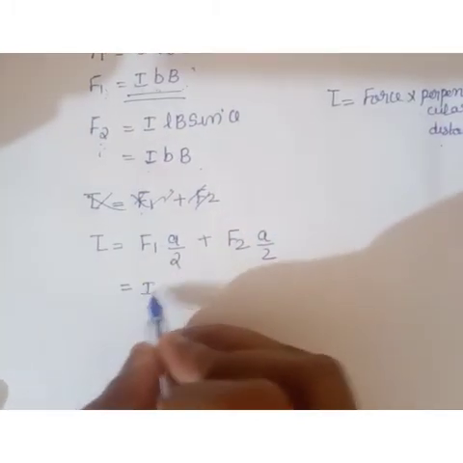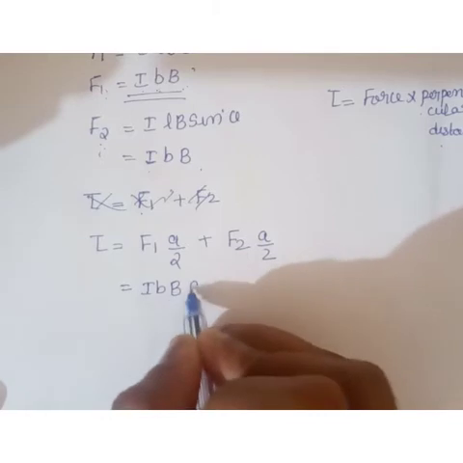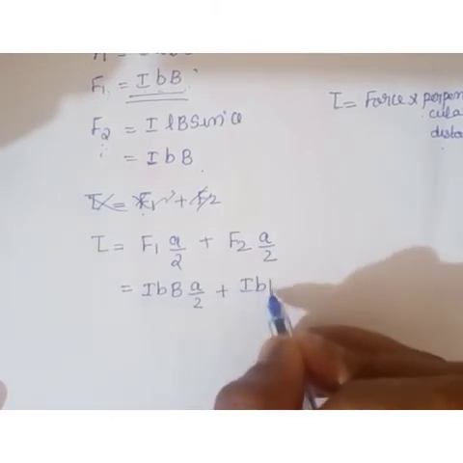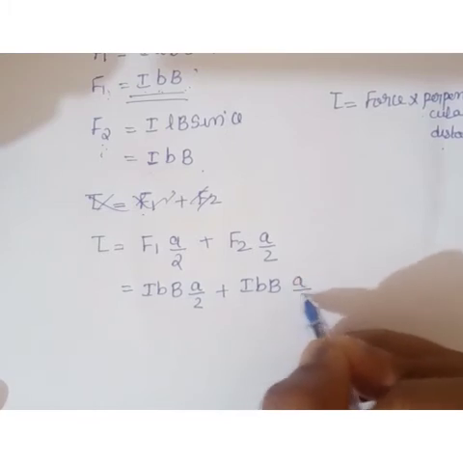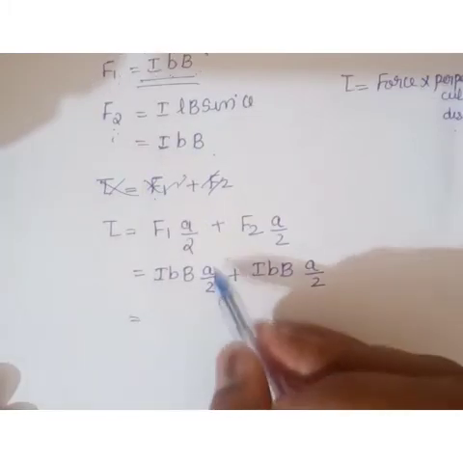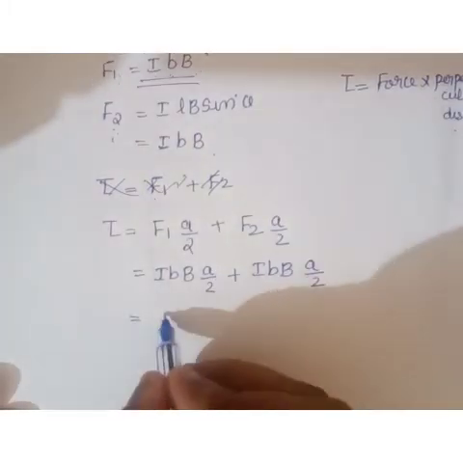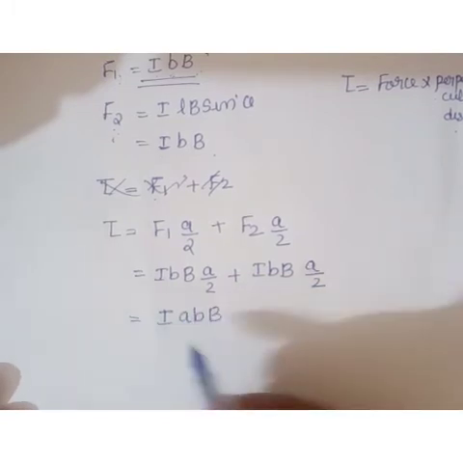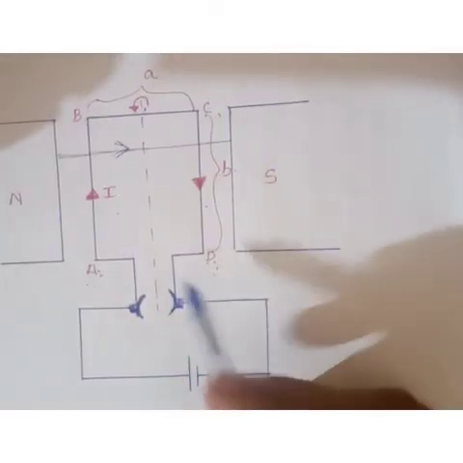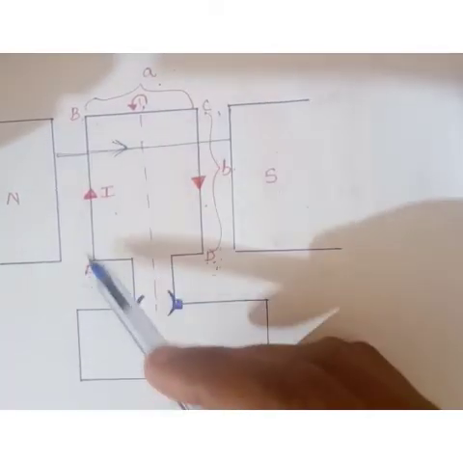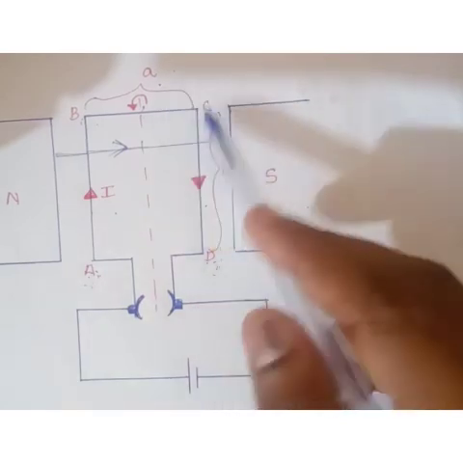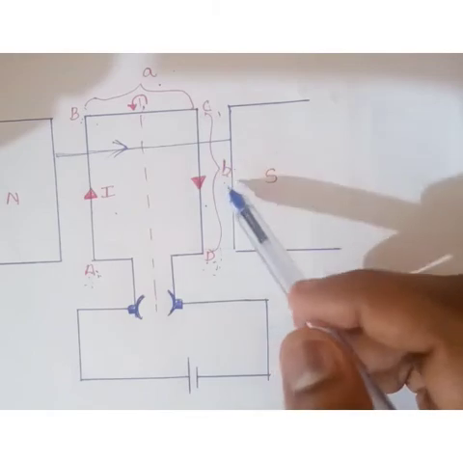Which is equal to F1, which is I B b, into a by 2, plus F2, which is also I B, capital letter B, into a by 2. 1 by 2 plus 1 by 2 is 1. That means I A B. That is A into B, see this diagram. A means breadth and B means its length, so length into breadth means its area.